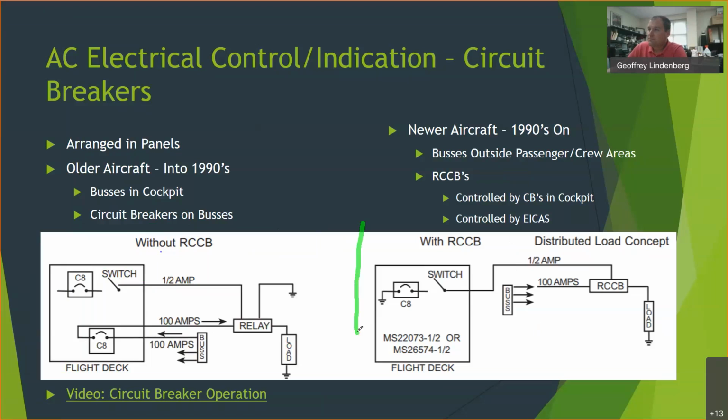The first generation of these, instead of having the bus feed a circuit breaker panel in the flight deck for your main feeds, now the bus would feed a circuit breaker panel typically down in an avionics or E&A bay or near the landing gear wheel wells, especially when the generators are mounted on the wings.